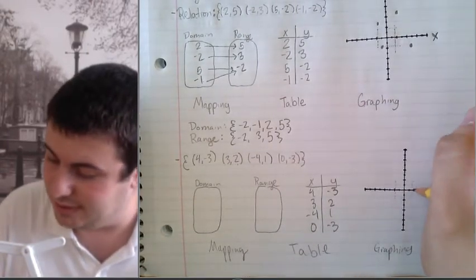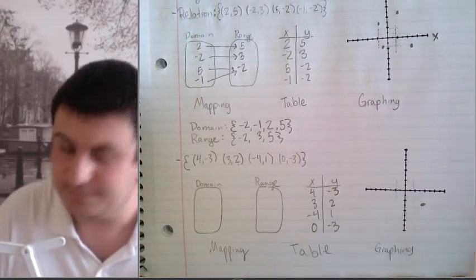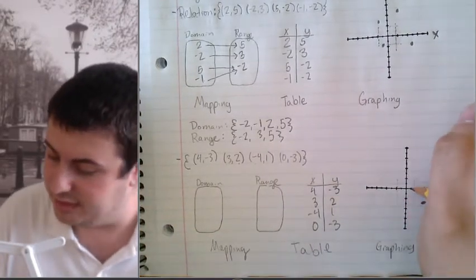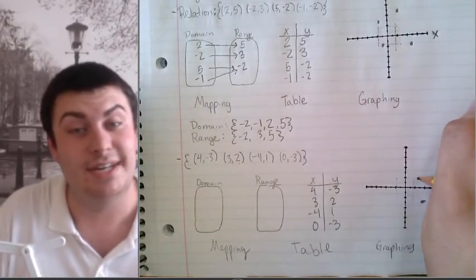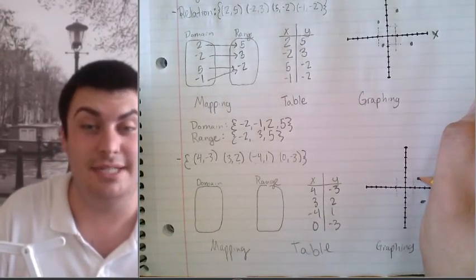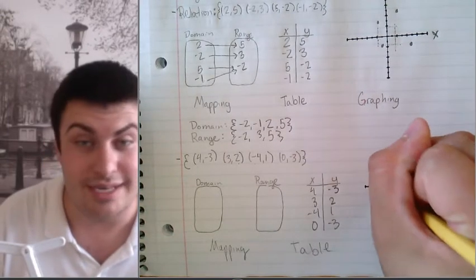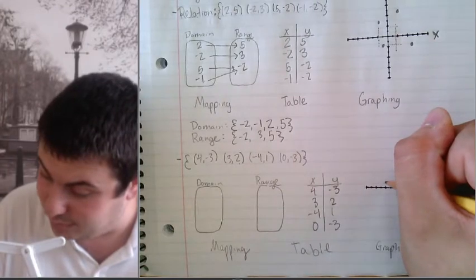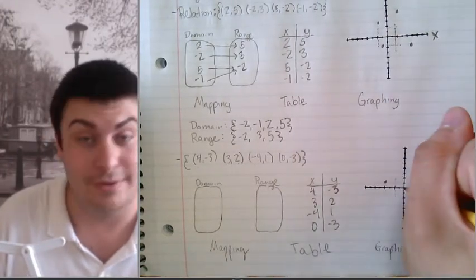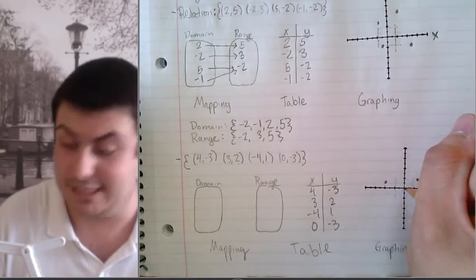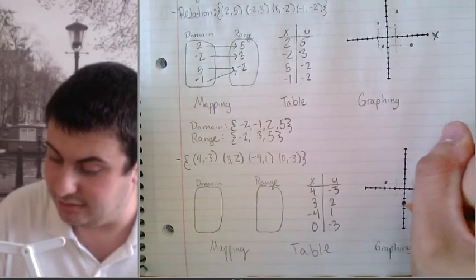So 4, 1, 2, 3, 4, and down 1, 2, 3, and 3, 1, 2, 3, and up 2. Remember, you always go in your x direction first, and then up or down in the y direction. Negative 4, 1: 1, 2, 3, 4 in the negative direction, up 1, and then 0, 3. So I'm not going anywhere in the x direction, but down 1, 2, and 3.